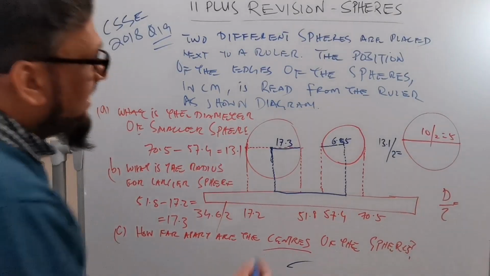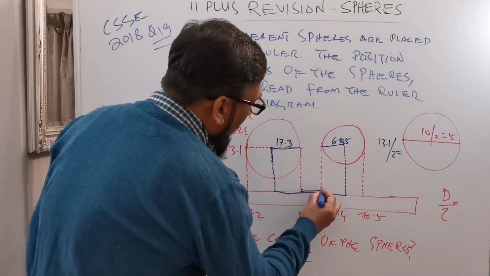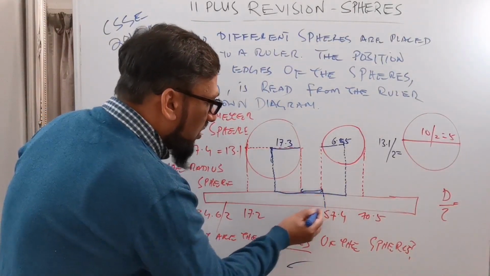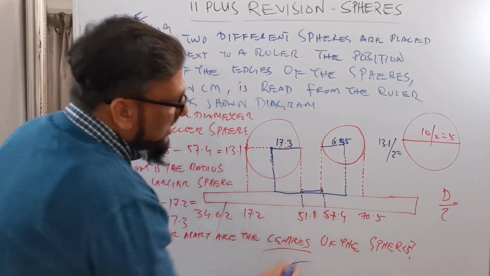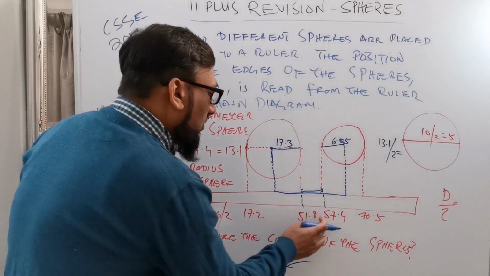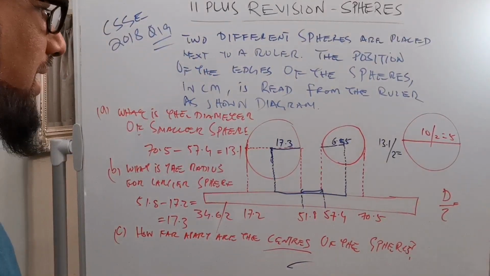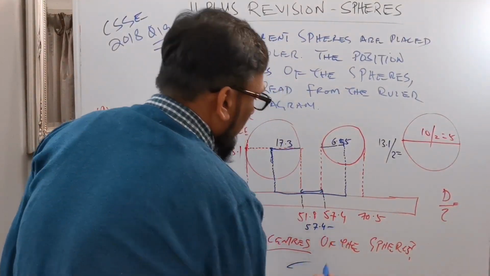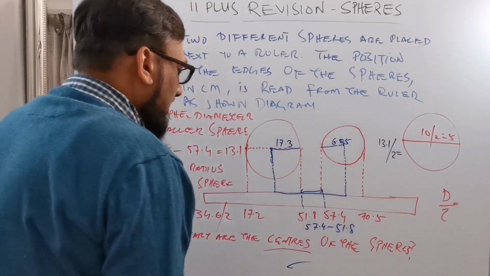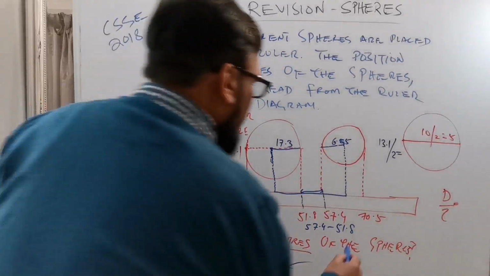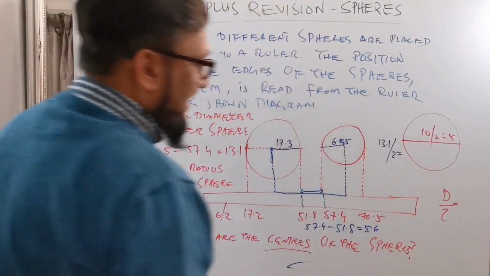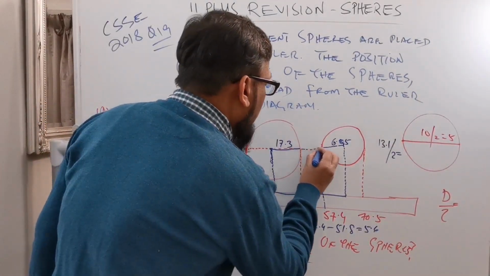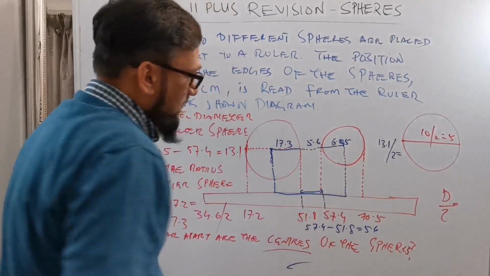The distance missing is from here to here, and the values are already given: 57.4 minus 51.8, which is 5.6. So from this place to this place is 5.6.